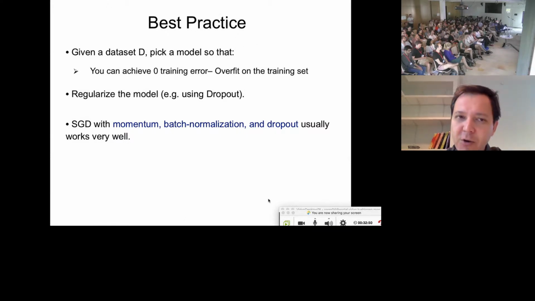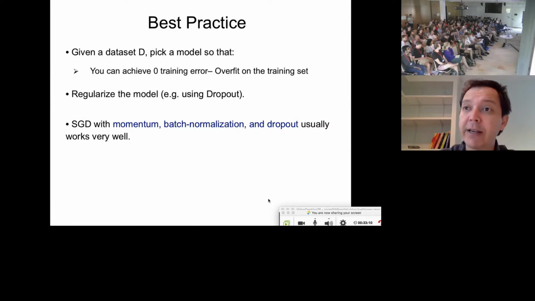The very first thing to do would be to pick a model and pick a size of the model and the architecture and the number of parameters so that you can actually fit the training set completely. And then you regularize the model, for example, using dropouts or using L1, L2 regularizers and such. So this is commonly how people build models, right? You fit the most complex model that can fit your training data, and then you regularize it.